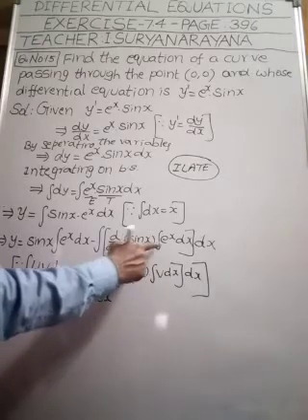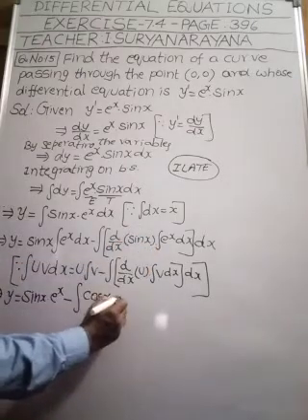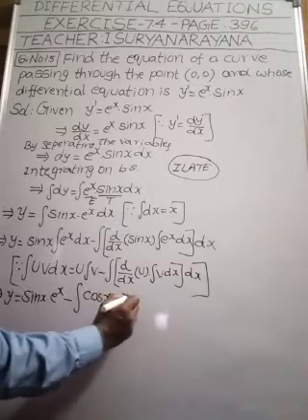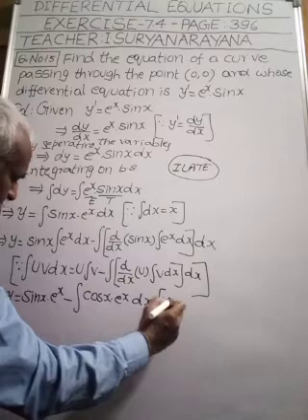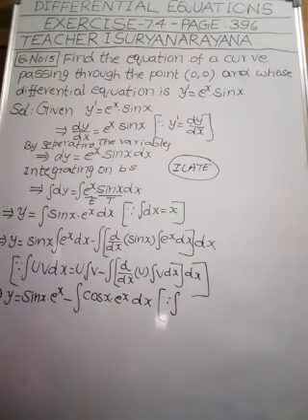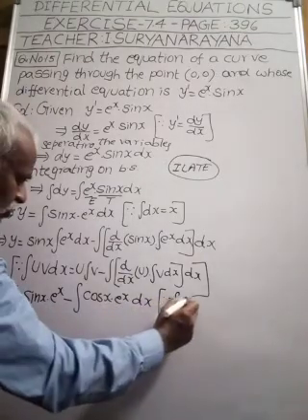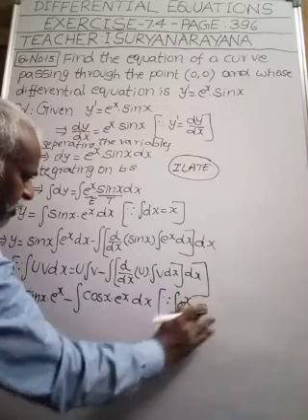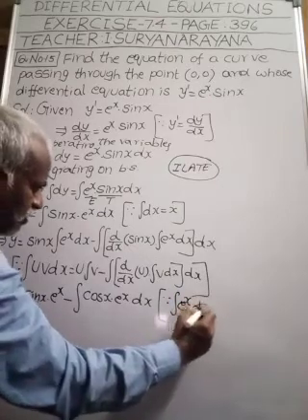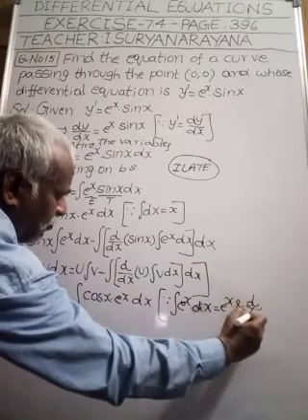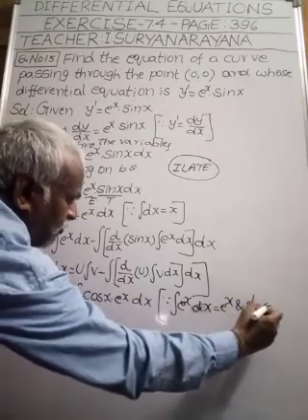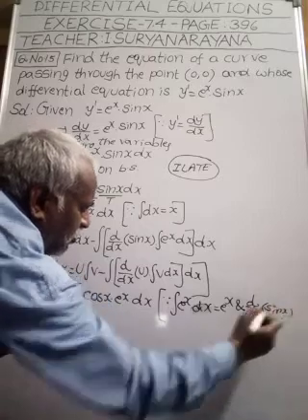Cos x into integral e power x, what will you get? e power x only, into dx. Because integral e power x dx is equal to e power x, and d by dx of sin x is equal to cos x.